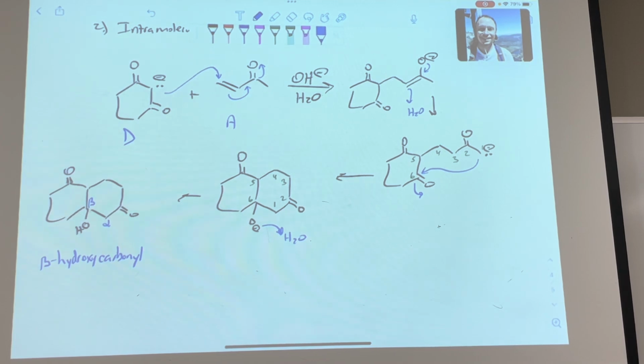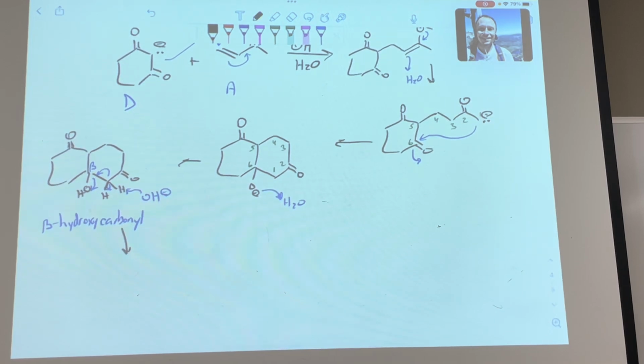However, like we've talked about extensively, these are almost impossible to isolate because you still have those acidic alpha positions. You're still in a lot of base. And so hydroxide comes in, grabs that proton, forces the electrons there to kick out the hydroxide.